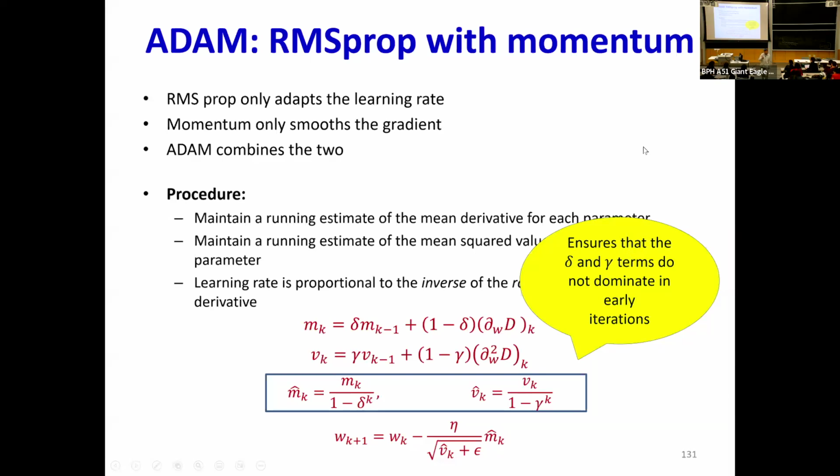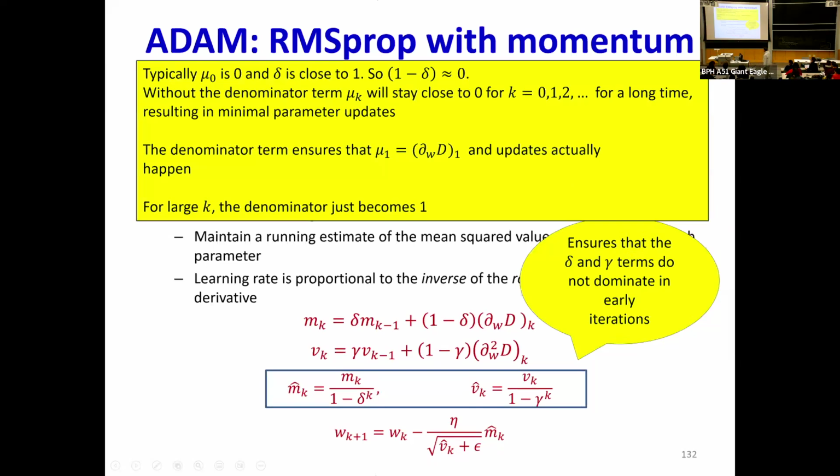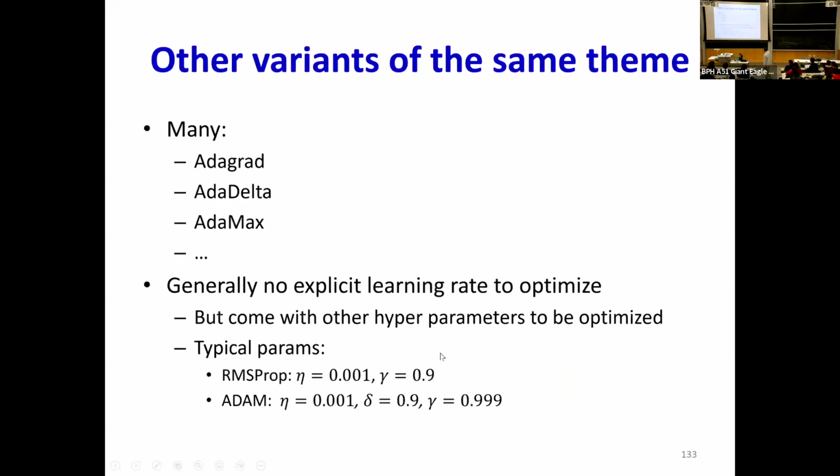The running average of the derivative is what you will use in lieu of the gradient, and the inverse of the RMS value is what you will use to scale down your learning rate, right? Both components are going to be adjusted. And there are other variants of the same theme: Adagrad, Adadelta, Adamax. All of them tend to have the same kind of logic behind them. Okay.